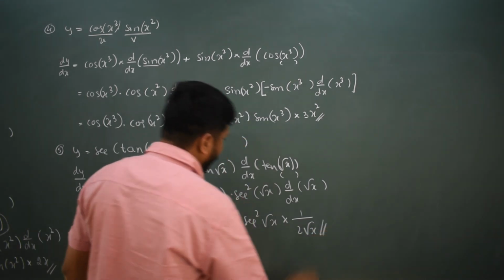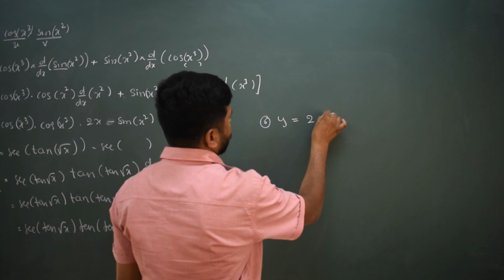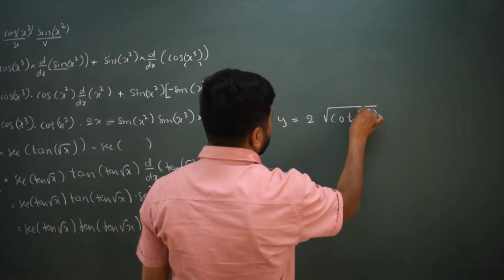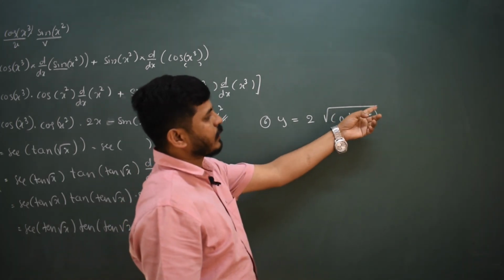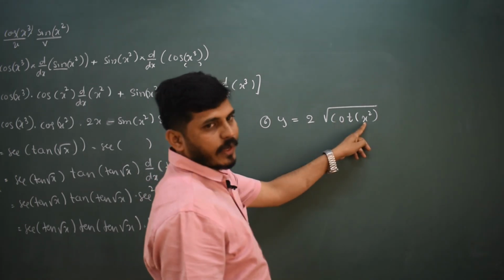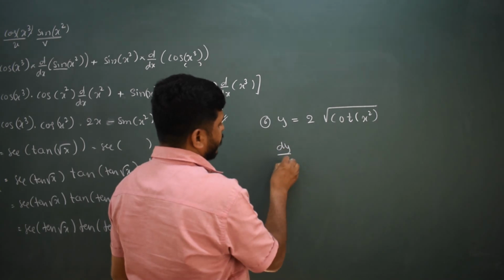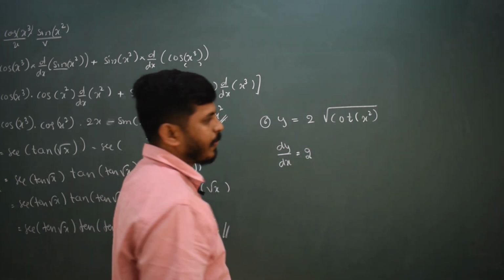This completes the differentiation. So y is equal to 2 times root of cot of x square. It is not cot x the whole square. If it is cot x the whole square, the square and root get cancelled, it is only cot x. But it is cot x square. Now, dy by dx is equal to 2, anyway the coefficient as it is.